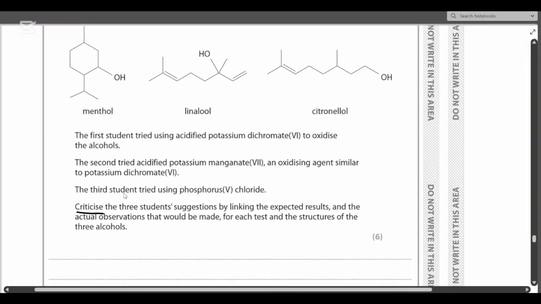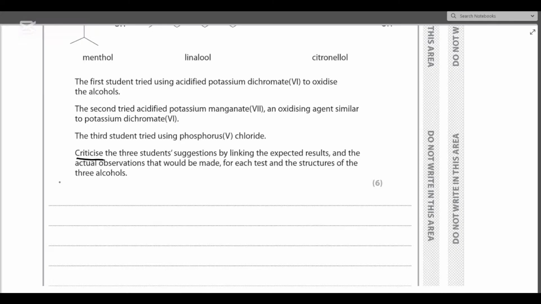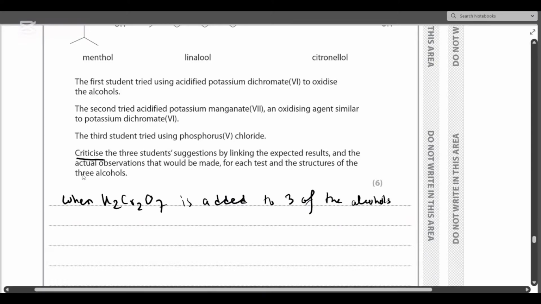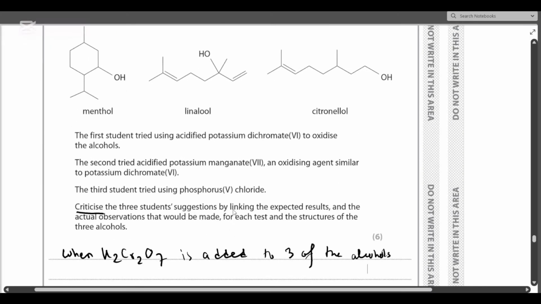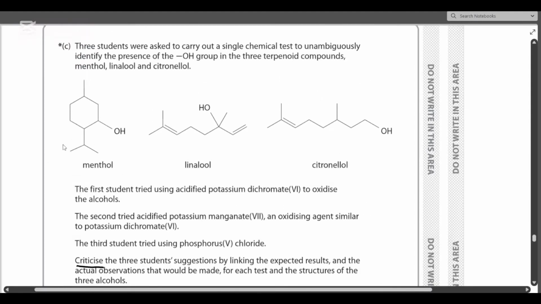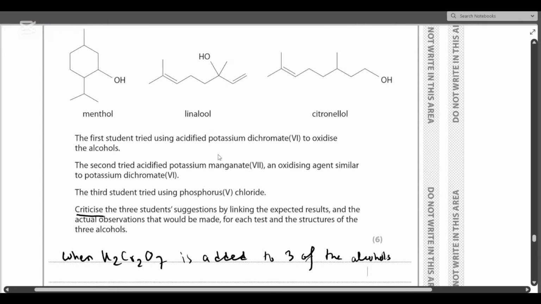Okay, first of all, what happens when potassium dichromate(VI) is added? When K2Cr2O7 is added to the 3 alcohols, the change that we would see is that it goes from orange to green with menthol and citronellol, but it does not change for linalool.